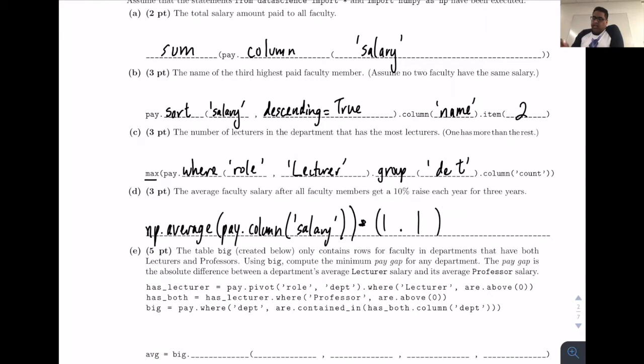And then of course Python has no way of doing exponents like that, so we'll do 1.1 star star 3. So this here will be the scalar factor, which will increase the value in the current year to 3 years in the future, if in every year each employee gets a 10% raise for 3 straight years. So this will be the solution to part D.